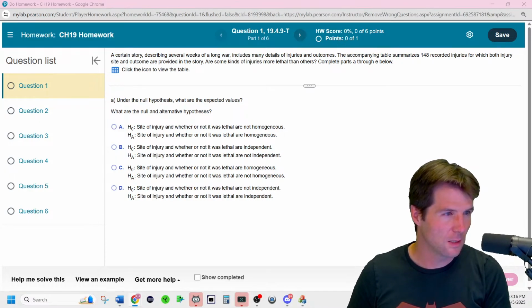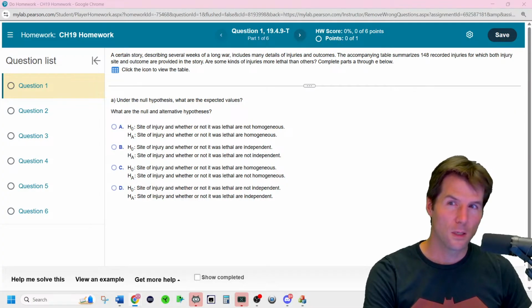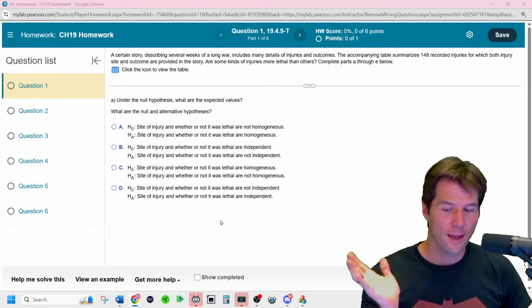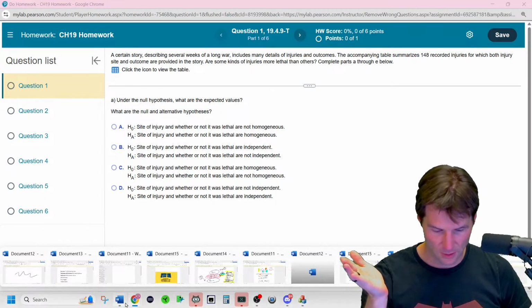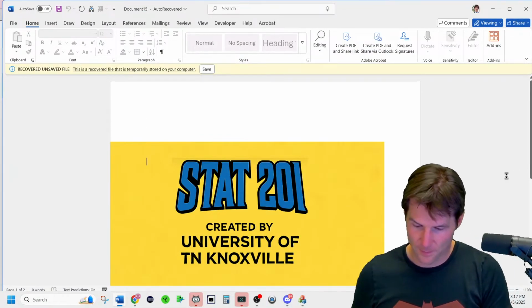Chapter 19 homework. Question 1. Okay, so when you're doing these questions, the null hypothesis for this chapter is always going to be X and Y are independent of each other. Very important here. So I want us to understand the little stat right here.